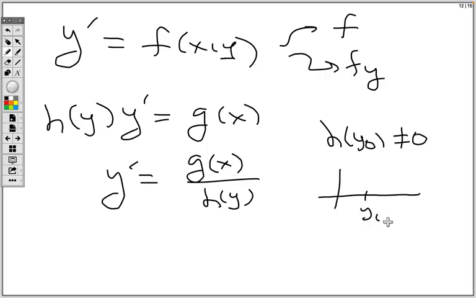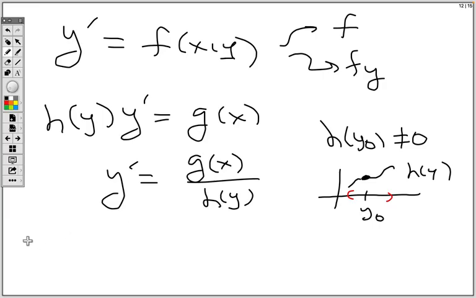So here's our y naught, let's say h of y naught is positive. Continuity means close inputs give you close outputs. So there's going to be a little interval around y naught where h of y is not 0, which means that this is going to be continuous.